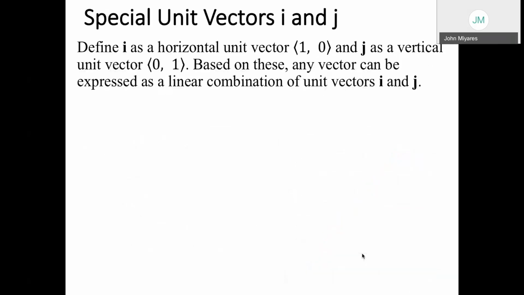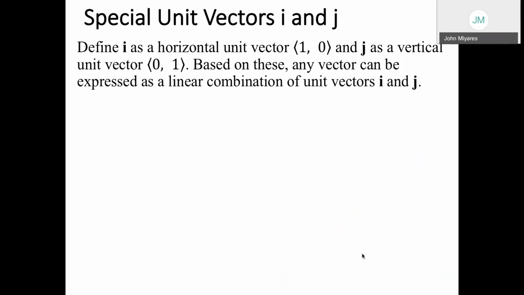The last thing we're going to introduce in this presentation is a notation to describe special unit vectors. We're going to define vector i as a horizontal unit vector. So the components inside the angle brackets will look like ⟨1, 0⟩.